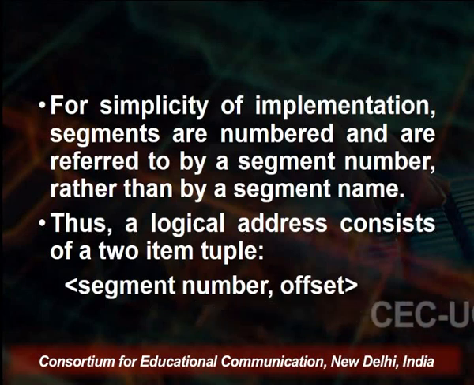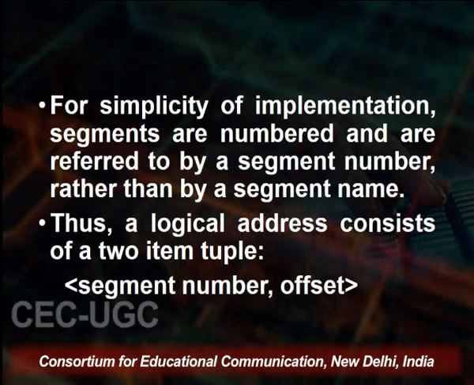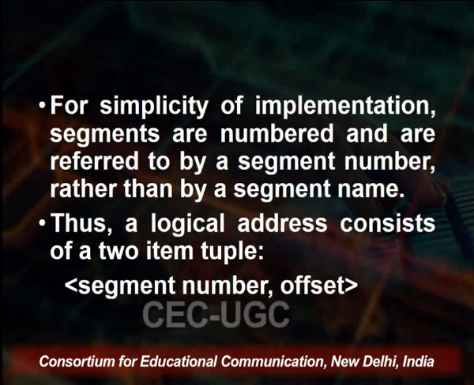Now, why are we calling it a logical address? Because this is not the actual physical address that the memory has. This is the view of the programmer, and that view will be somehow mapped into the real physical addresses. So this is what we call the logical address, not the physical address.